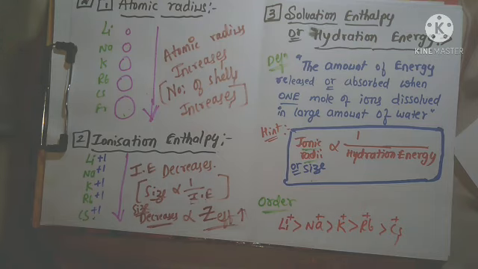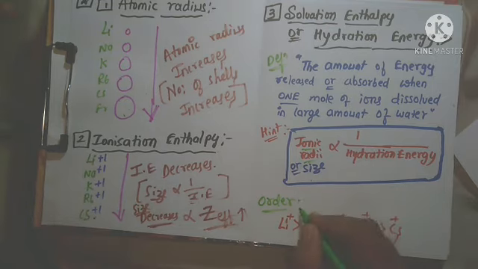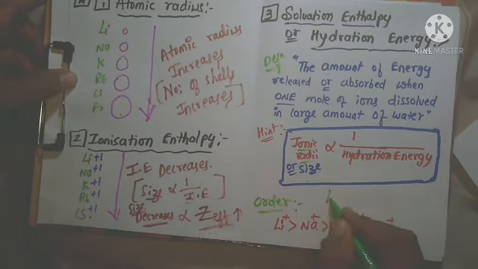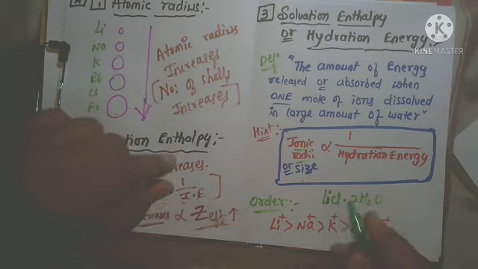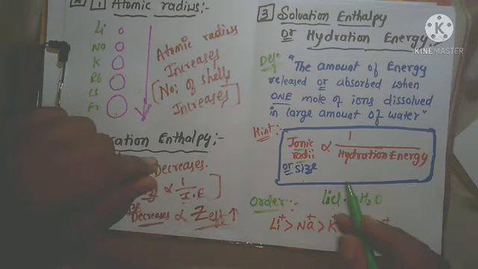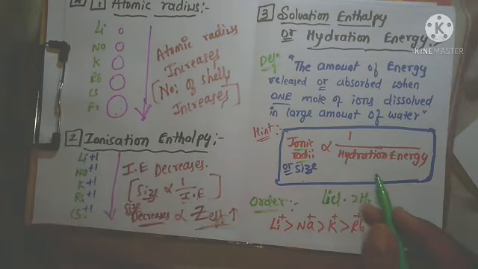Therefore, lithium has more hydration enthalpy or solvation enthalpy compared to the other elements in the first group, and it is available as a dihydrate, LiCl·2H2O. Di means 2, hydrated means water molecules. Lithium chloride is a dihydrate, so 2H2O is with the LiCl.